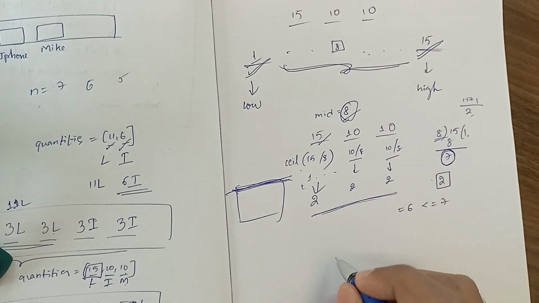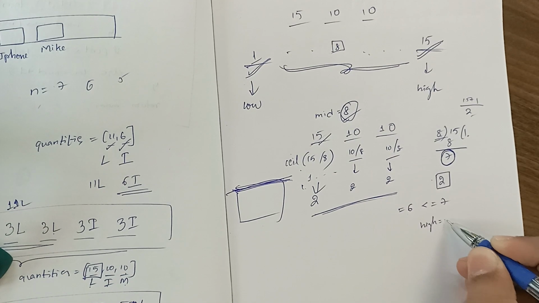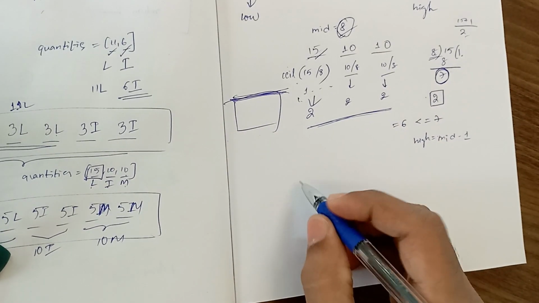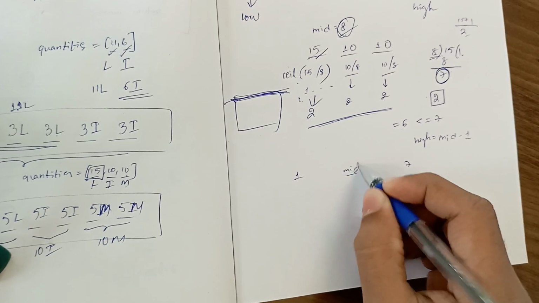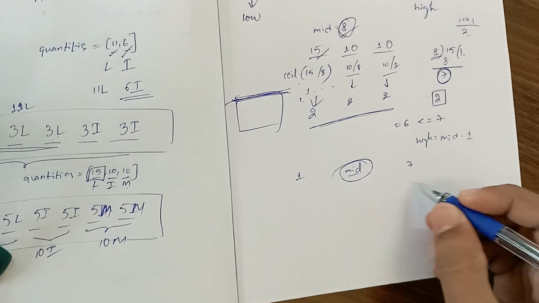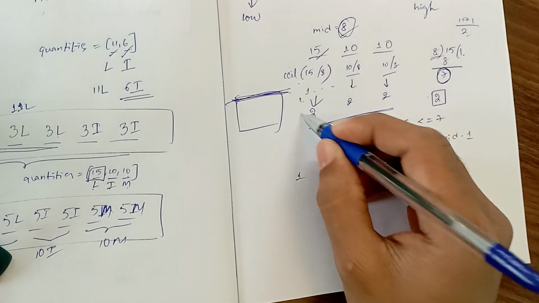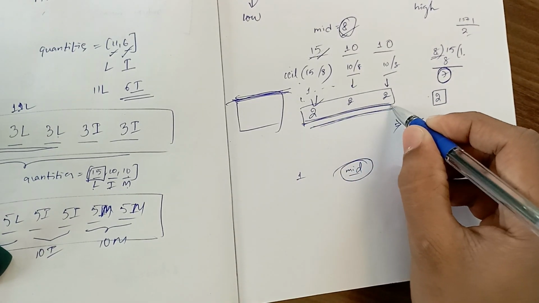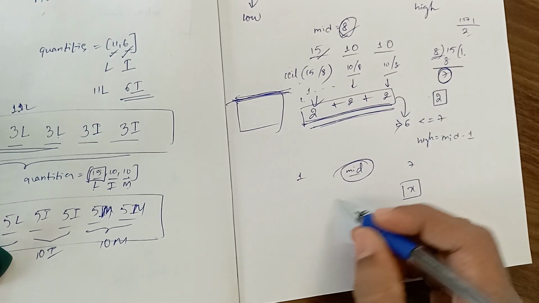Now, we need to go back and make our high equal to mid minus 1. And then if we do that, 1 and 7, here we find another mid. Here the x value is the number of items we are distributing to the stores. 2 plus 2 plus 2 is equal to 6.